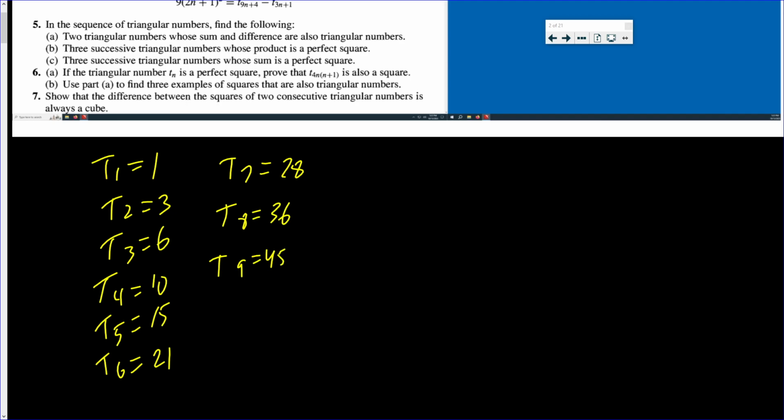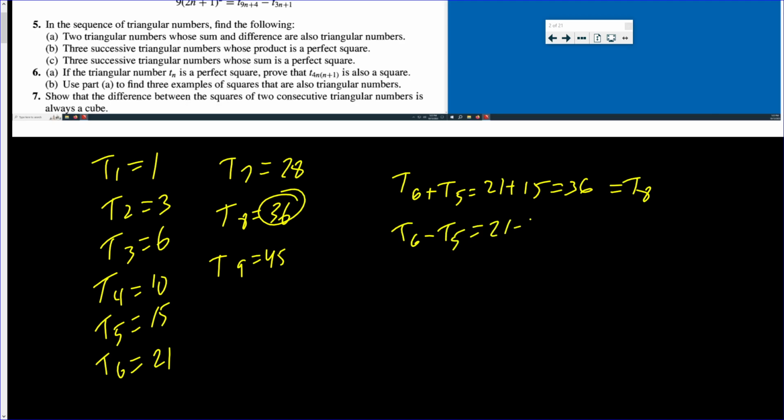Well, if you look at t6 plus t5, that's 21 plus 15, which is 36, which is t8. And t6 minus t5 is 21 minus 15, which is 6, and that happens to be t3.